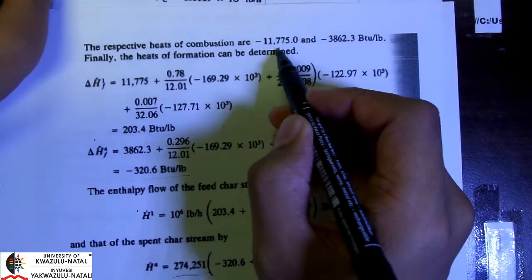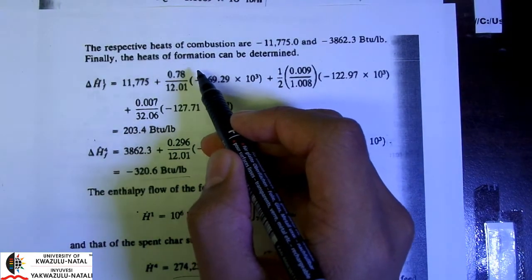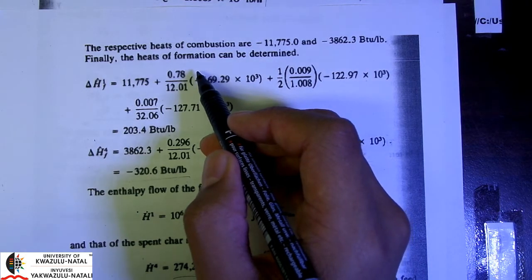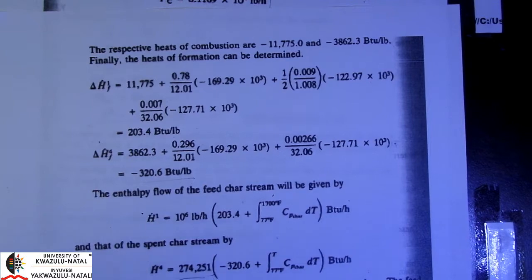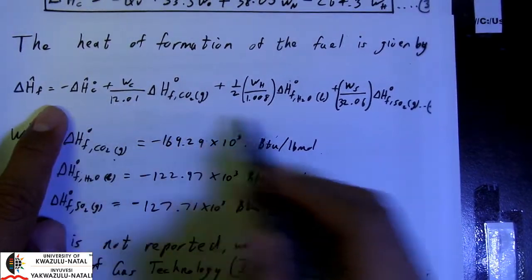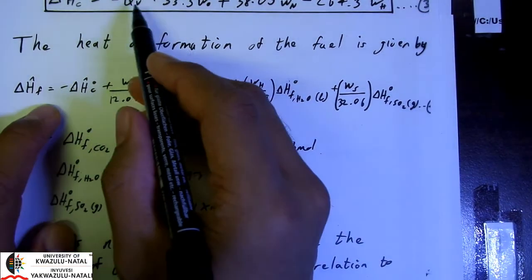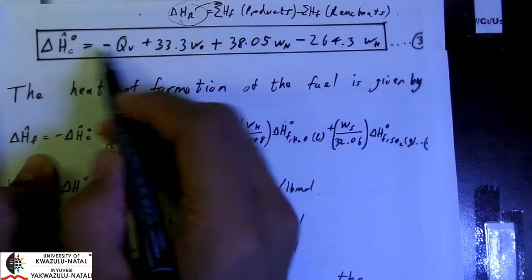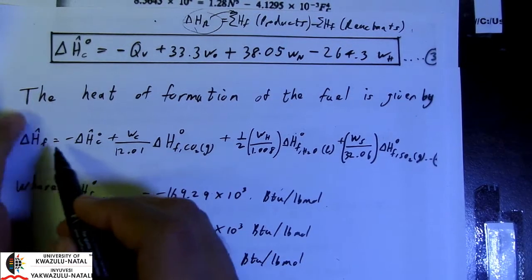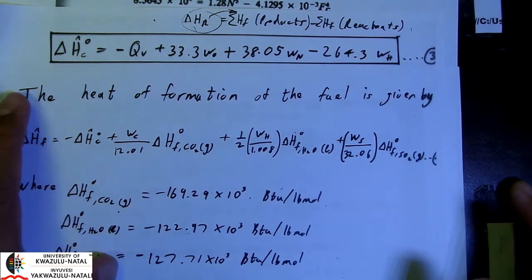So here's the heats of combustion, and finally we can use that information to obtain our heat of formation. So we use this equation here. We use our IGT correlation to find the heat of combustion, and then we use the heat of combustion to find the heat of formation of our feed char as well as our spent char.